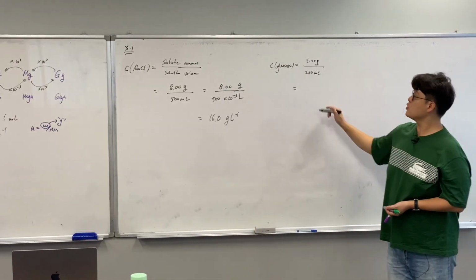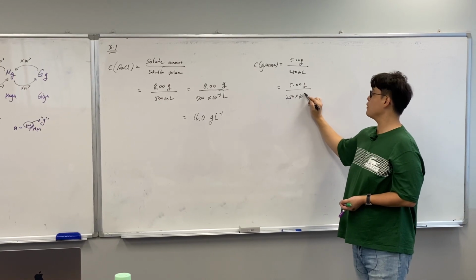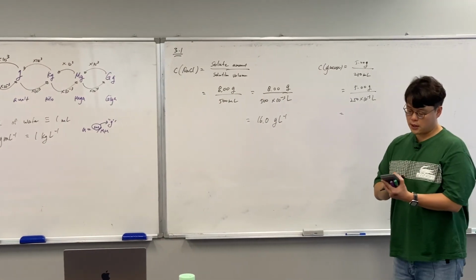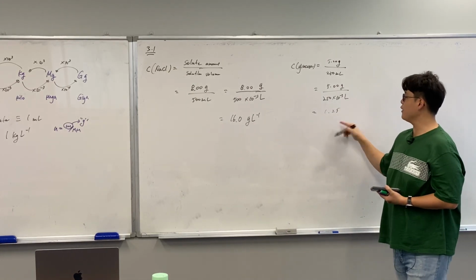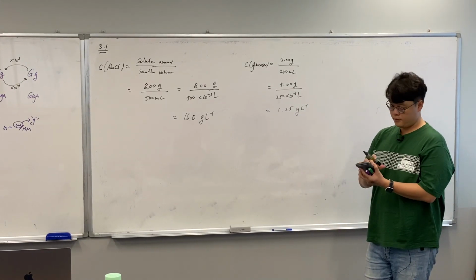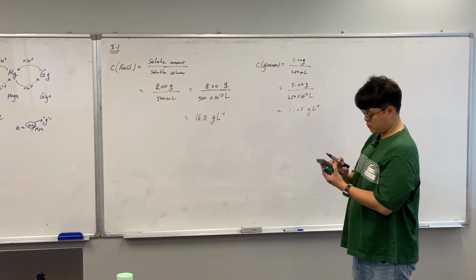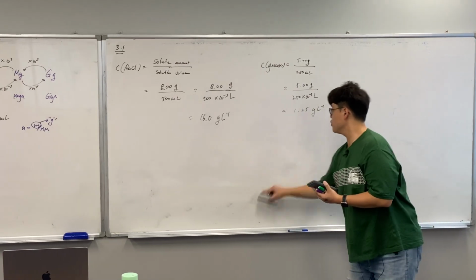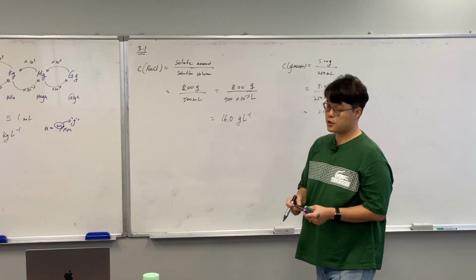This again can be converted into 5.00 grams divided by 250 times 10 to the power of minus 3 liters, which is 5 divided by 0.25. Oh, sorry, 5 divided by 0.25, not times, so 20 grams per liter is the right answer then.